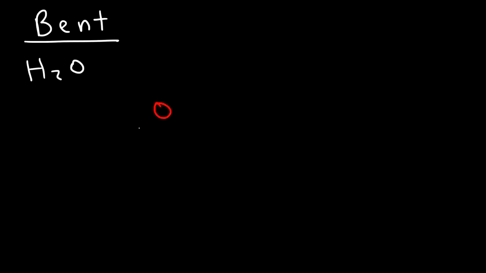Now, the next geometry you need to be familiar with is a bent molecular geometry. And a good example for this one is water. Water has a bent shape. Oxygen contains 2 lone pairs, and those 2 lone pairs cause the hydrogens to be in a bent structure.